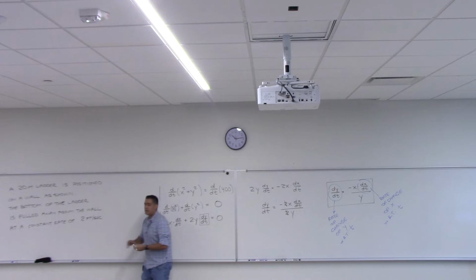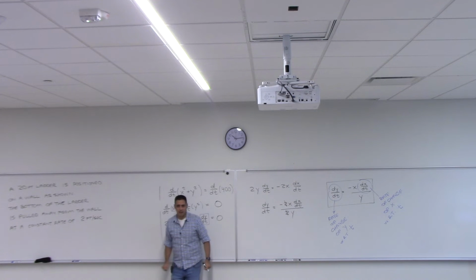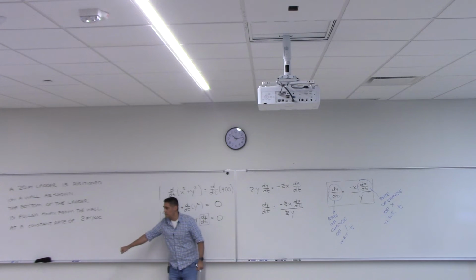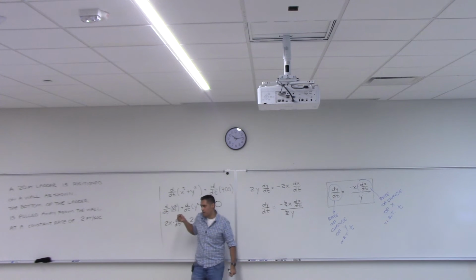So that's how fast I'm pulling the bottom of that ladder away from the wall, at 2 feet per second. And that's constant, me pulling on the bottom point over there.